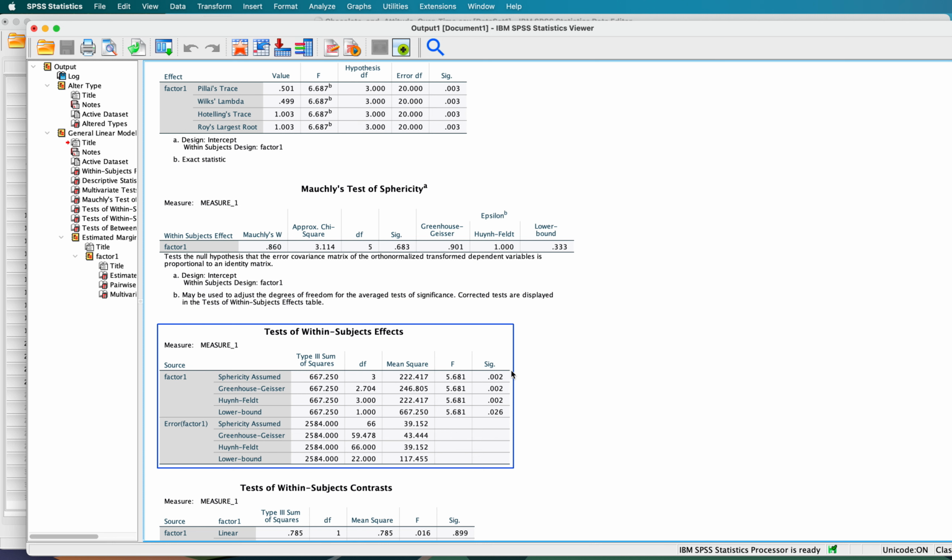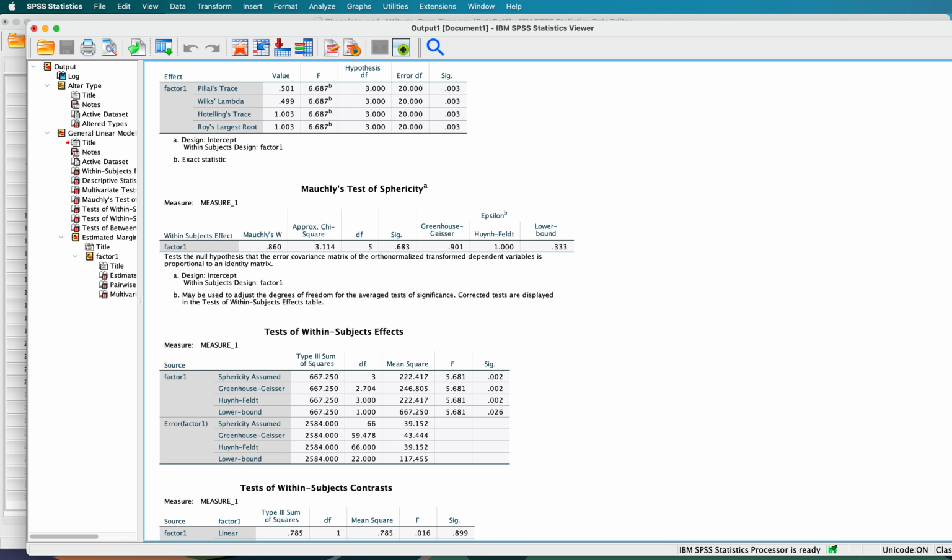So next up, we will go down to the test of within-subjects effects right here, and we're going to look right here. And we see that since it is less than 0.05, we reject the null hypothesis that there is no difference and conclude that there is a positive increase in attitudes after chocolate has been consumed.